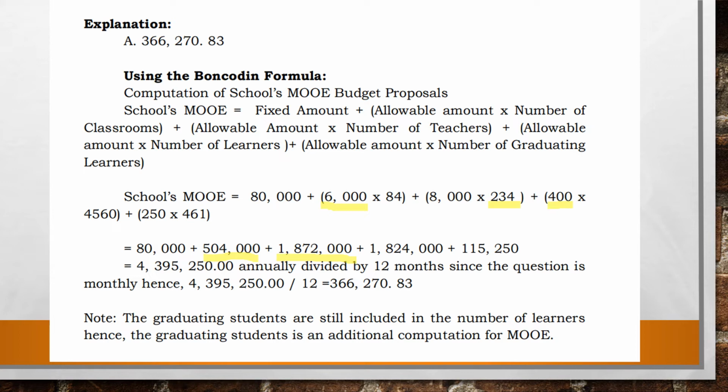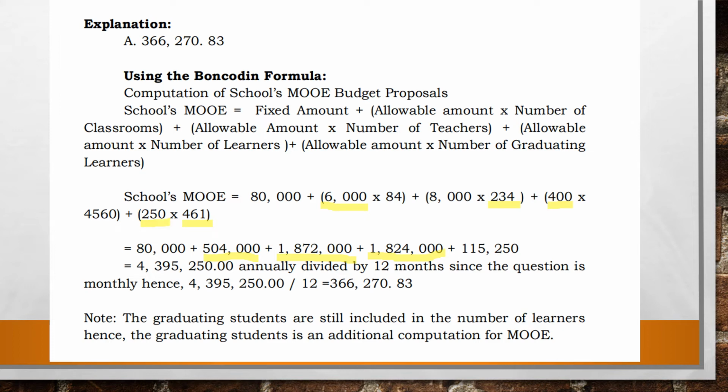So we have 400 times 4,560, the number of students. So we have 1,824,000. And then the number of graduating learners, there are 461. And each of them will have 250 pesos.